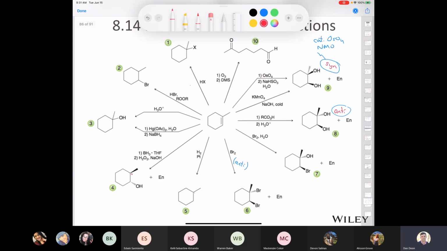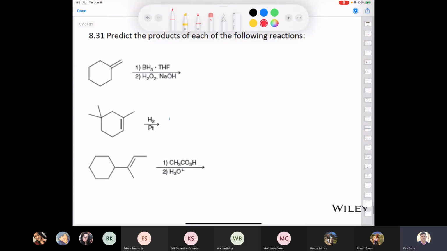Remember that the hydrogen and the hydroxyl are added in a syn fashion. And then the last one here is hydrogenation, which again, both of the hydrogens are added in a syn fashion. All right, so we could put syn here and syn here as well. And that, my friends, covers all of the reactions.